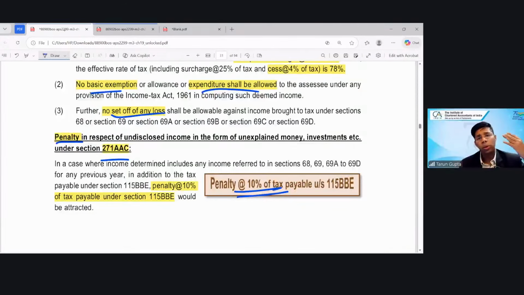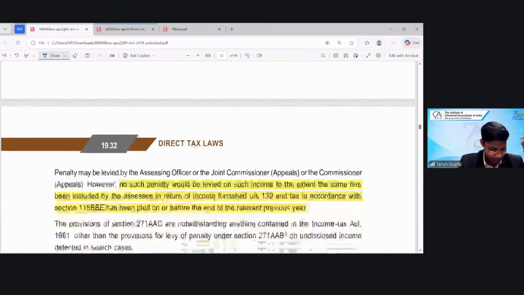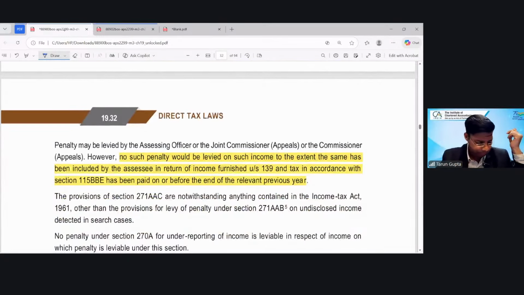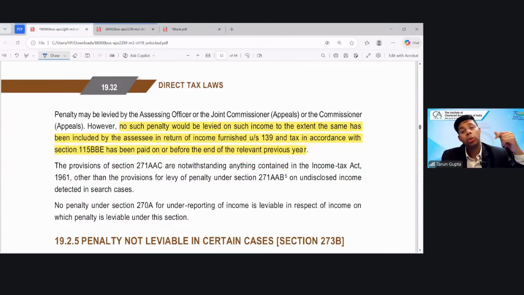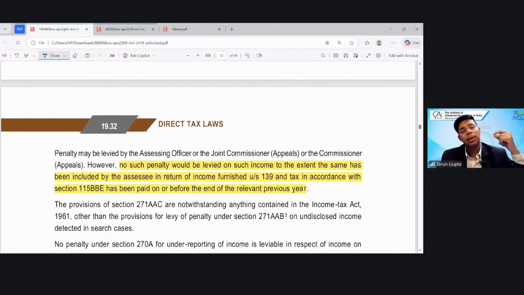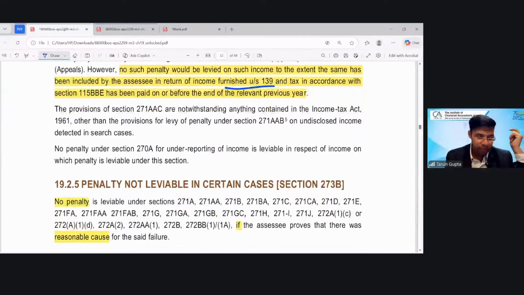So the penalty is only limited to 10%. Also, this penalty is not leviable if the assessee has disclosed this income under section 139 and has paid the tax and interest before the end of the previous year.